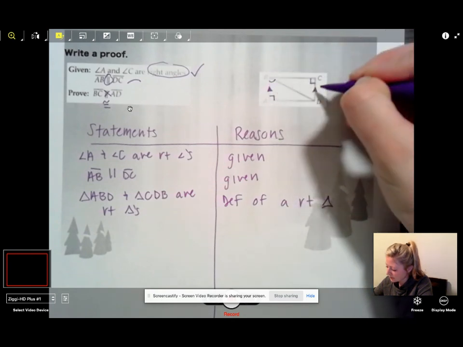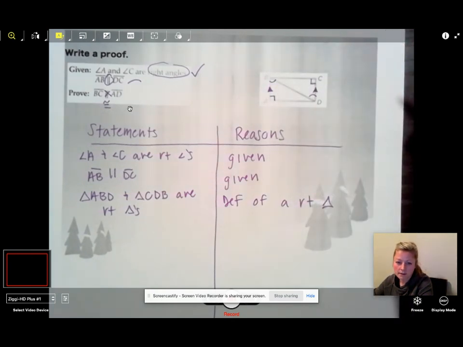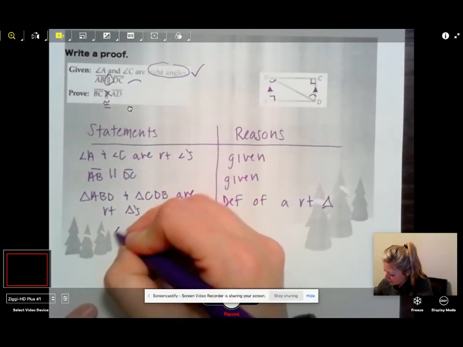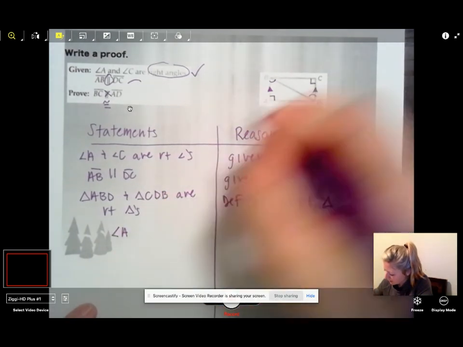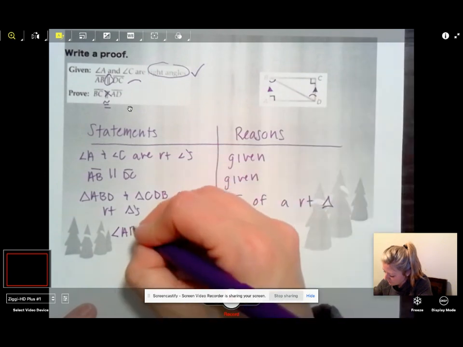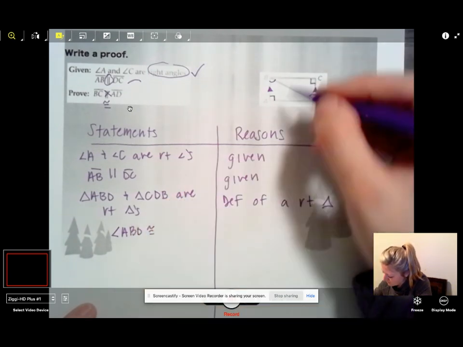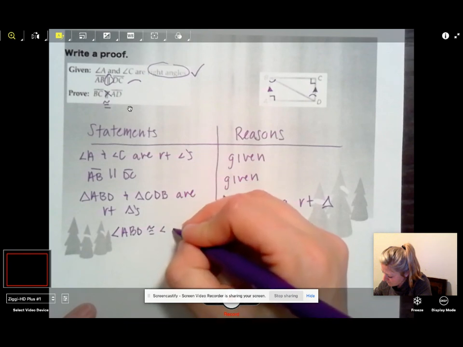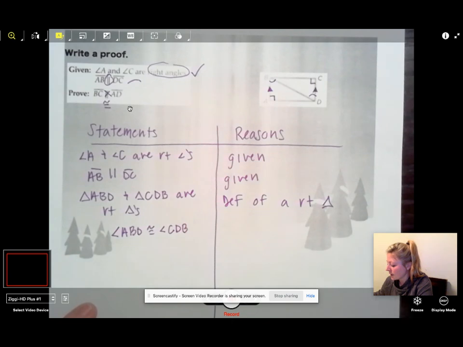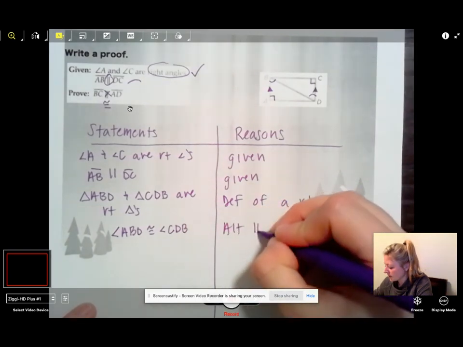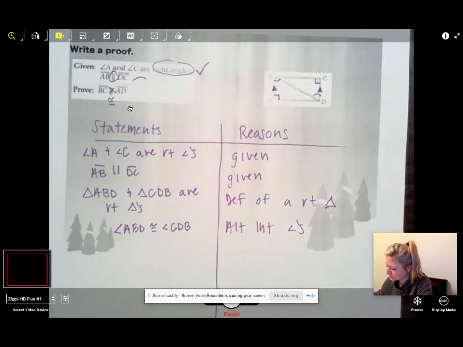I would have alternate interior angles that are congruent. So we have angle ABD, got to trace it out, is congruent to angle CDB. And that would be alternate interior angles.